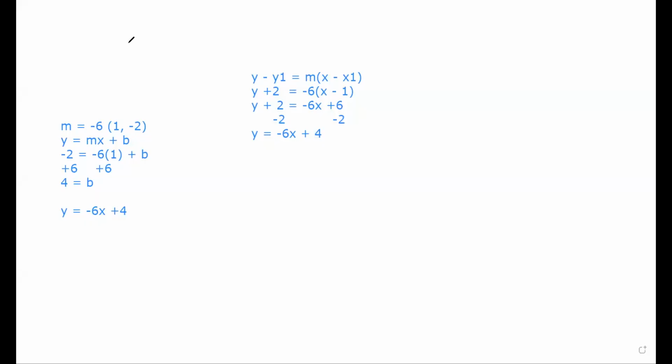So part of what I'm trying to do here is reinforce some of these equations. The example on the left is using slope-intercept. The one in the middle is using point slope form.